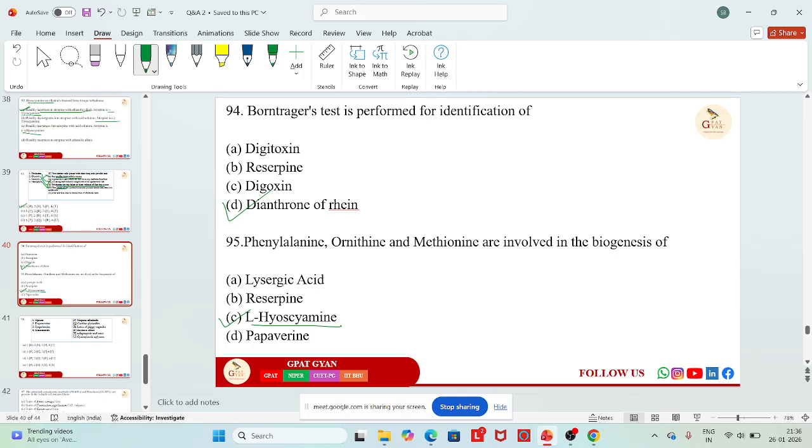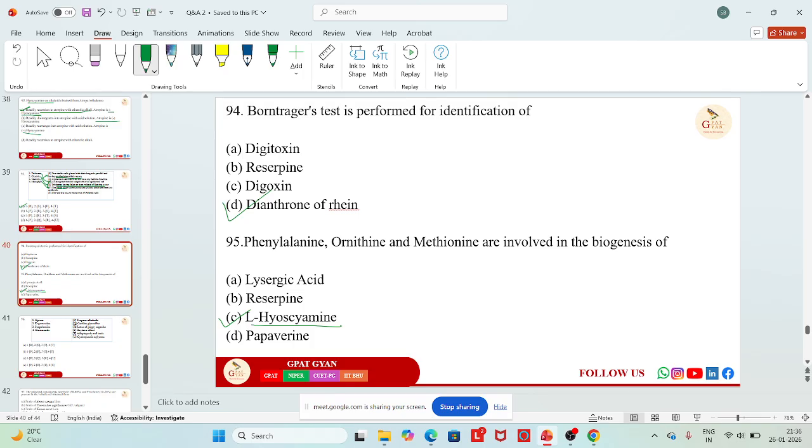So from glucose we get glucose 6-phosphate, and after many steps we get ribose 5-phosphate, and this total pathway is the pentose phosphate pathway. We get histidine from the ribose 5-phosphate.